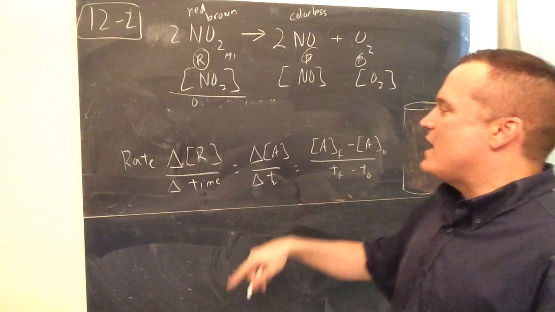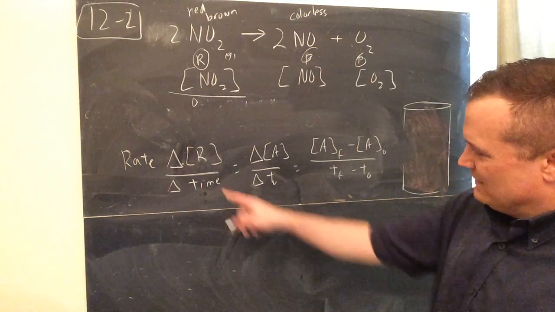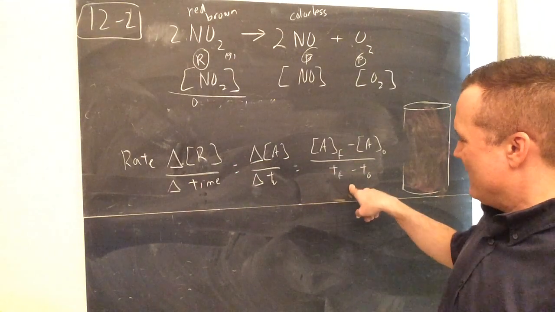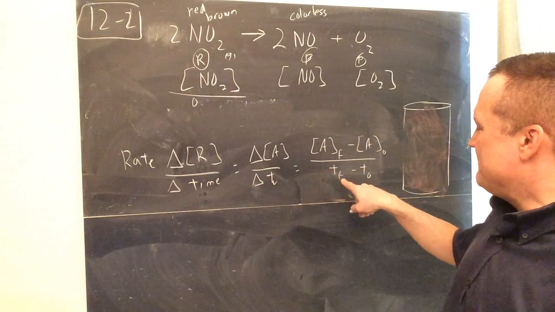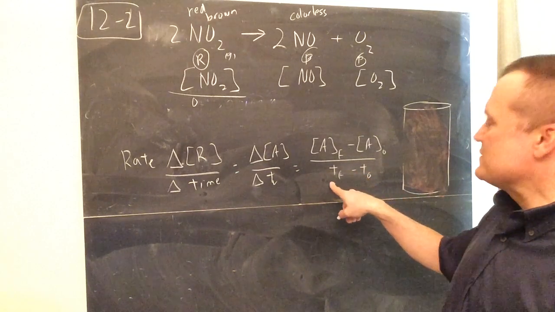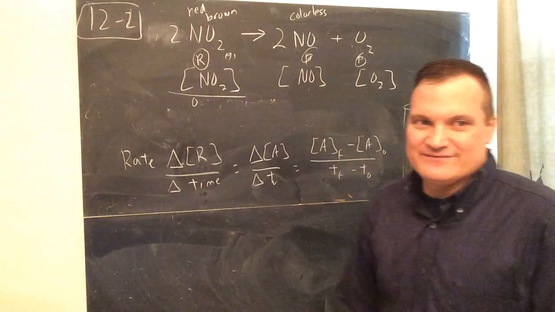So it's a change in Y over change in X. It's the same thing. Y would be your molarity and X would be the time. So you can see it that way. If I put in the initial time, usually it's 0, and what's my final time? My initial molarity and my final molarity. That's the rate right there.